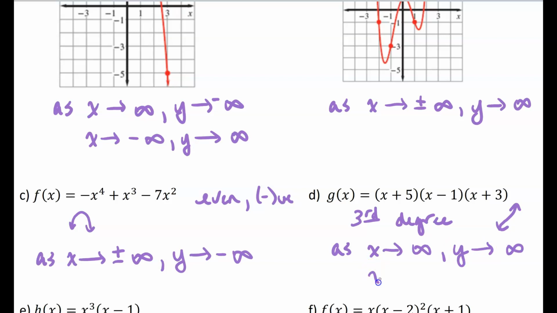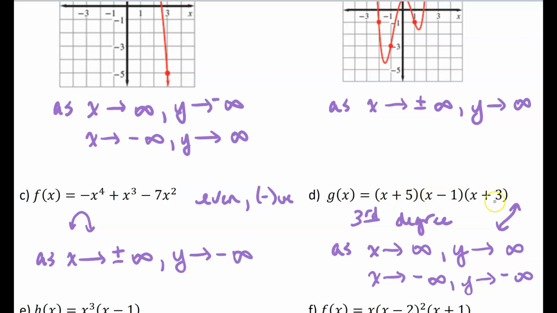And as x goes to negative infinity, y is going to negative infinity. Okay. Why is the y going positive when x is going positive instead of y going negative? Because it's a positive lead coefficient. Oh. Okay.